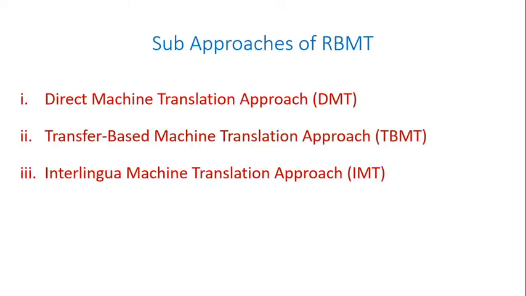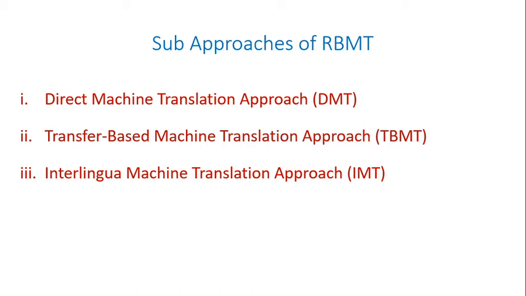With this, I hope, inshallah, we have an understanding of the basic concept of RBMT. We can move to the sub-approaches of RBMT. As I have shown you in the previous slide, we have DMT, the direct machine translation approach, then the transfer-based machine translation approach, and then the Interlingua or interlingual machine translation approach.